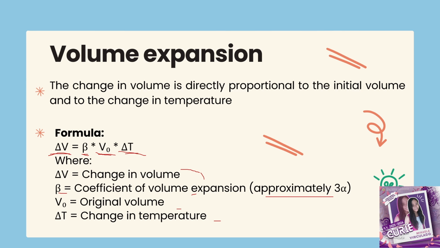In this equation, delta V represents the change in volume, beta is the coefficient of volume expansion, V naught is the original volume, and delta T is the change in temperature.